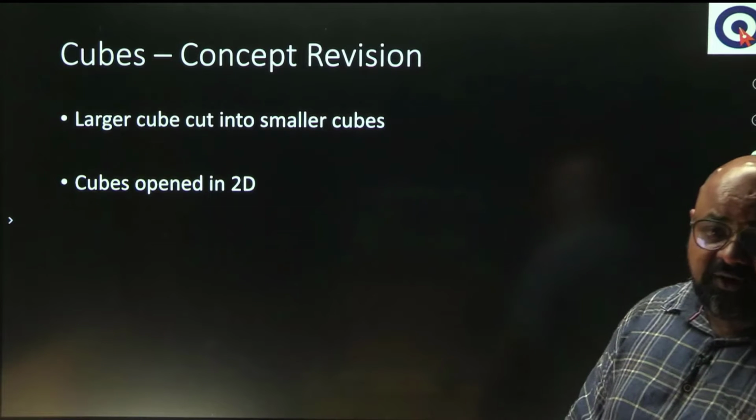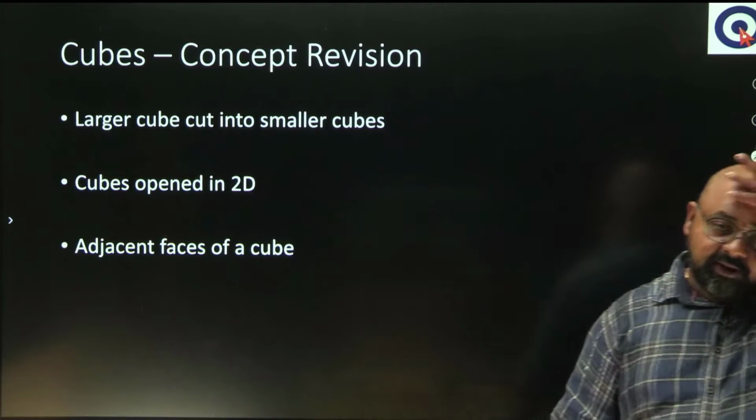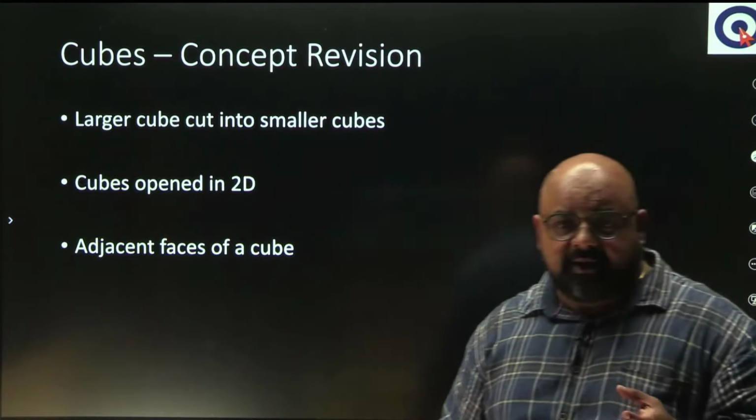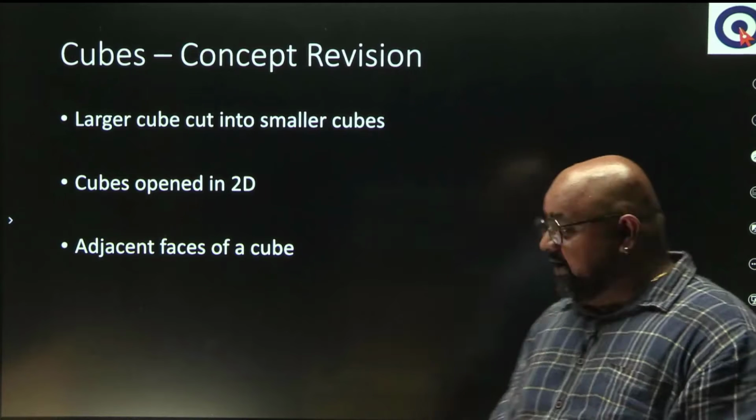The next is when you have to find the number on the cube. For example, if I say there is a cube with which you are playing Ludo, there are 6 faces numbered 1 to 6, okay?